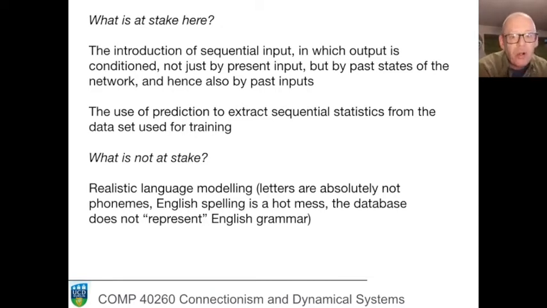You could count all the letters that occur after an M, and maybe 50 of them are A's, and 20 of them are I's, and 3 of them are E's. In that case, the network should make it quite likely that an A was presented, less likely that an I was presented, less likely still that an E was presented, and the network should rule out that any other letter might come next.